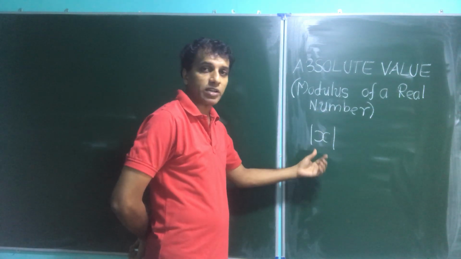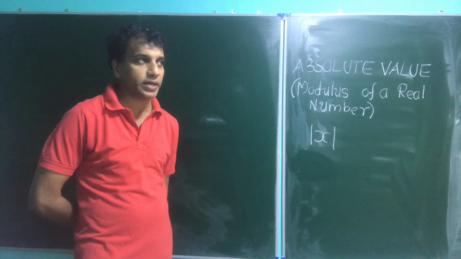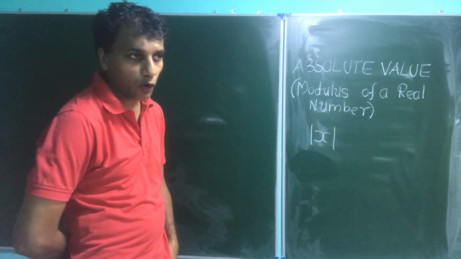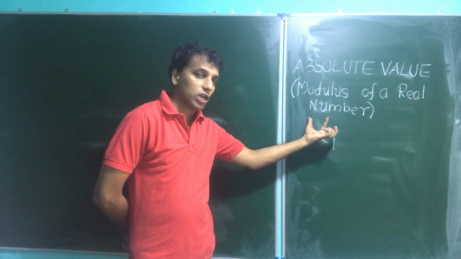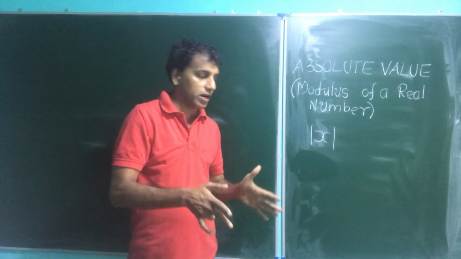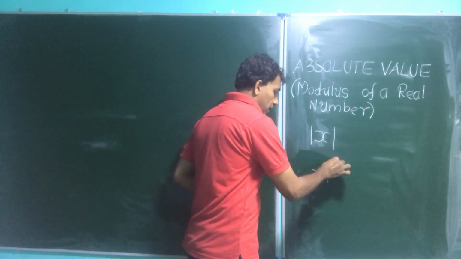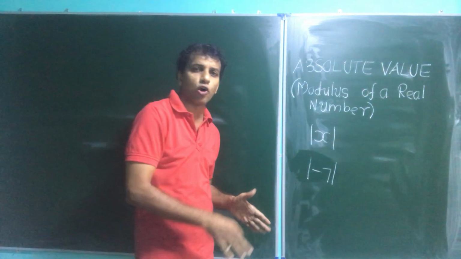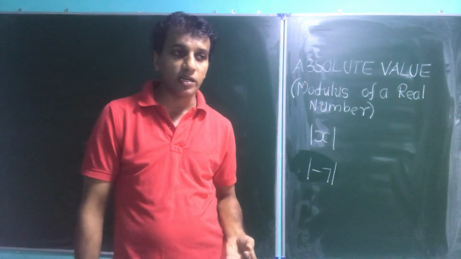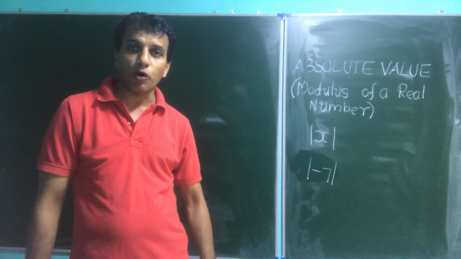We read it as the modulus of a number. So modulus 5, modulus 7, modulus minus 7. In complex numbers and vectors in the future we will use this modulus symbol.